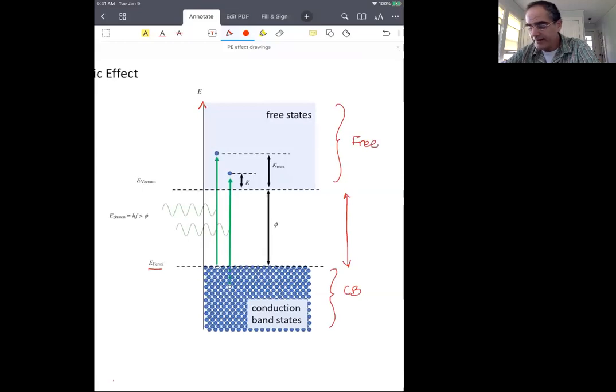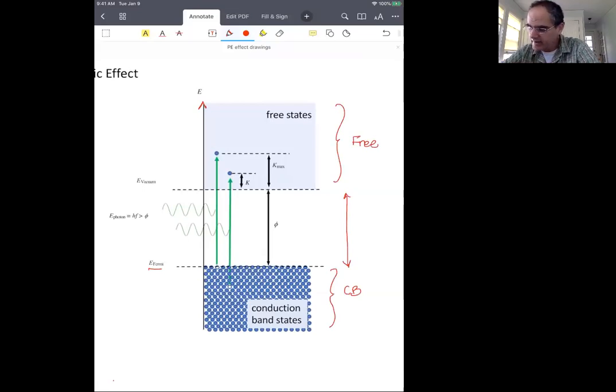So if we give an electron from the metal enough energy, we can promote it into one of these free states. The free states correspond to electrons that are not in the metal anymore. They're just free. They're moving through empty space. Of course, they could be moving through empty space quickly or slowly, and that determines their total energy.